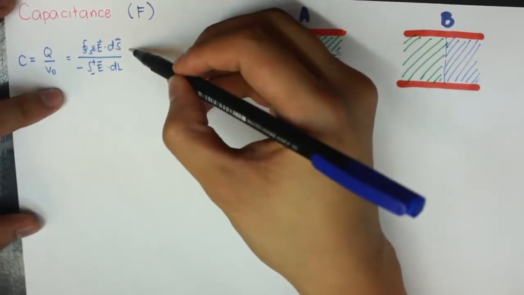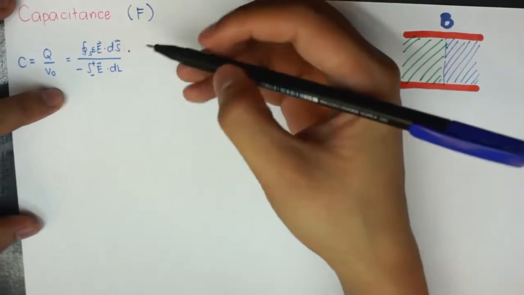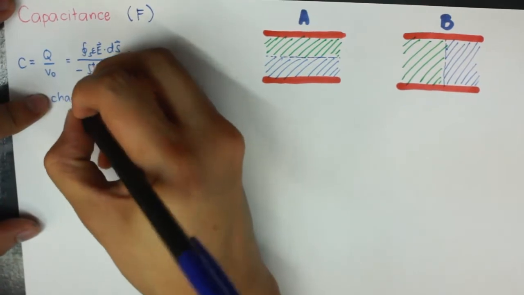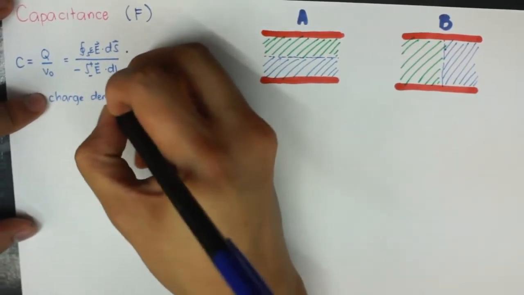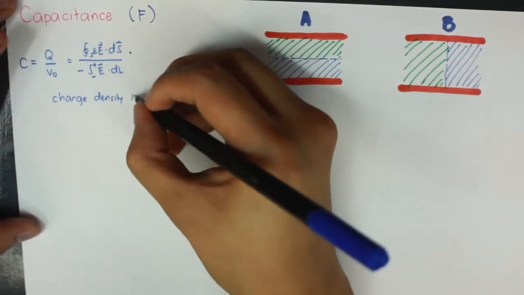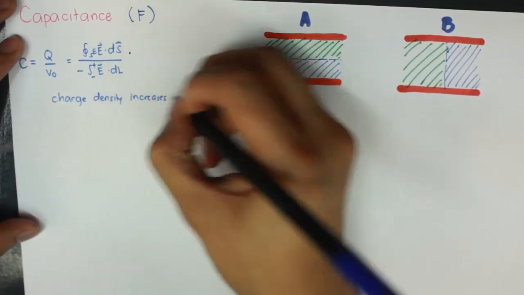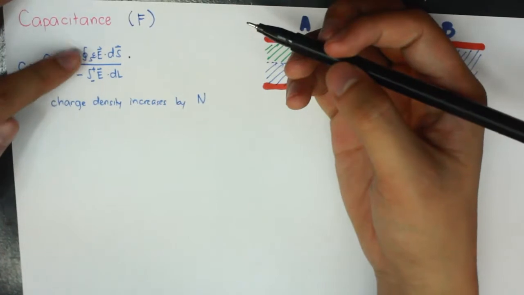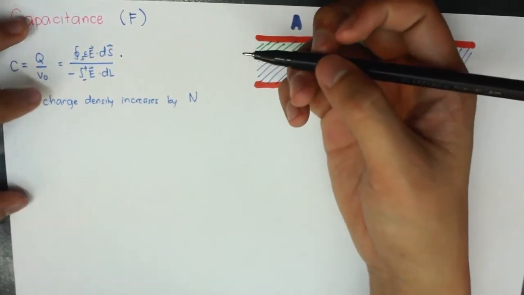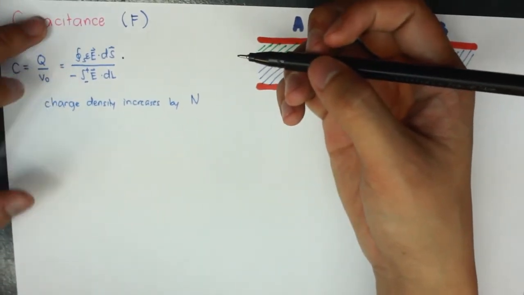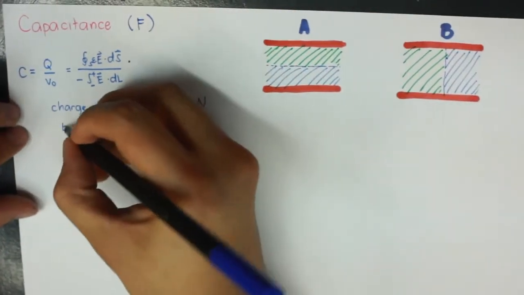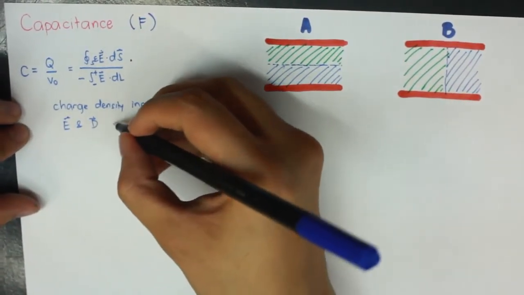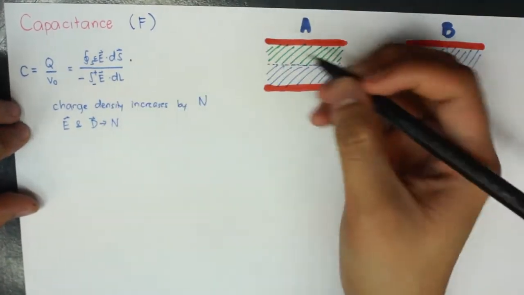So kapag yung charge density natin nag-increase by a factor of n, then by Gauss law, alam natin yung electric field or yung electric flux density nag-i-increase lang din ng factor of n.